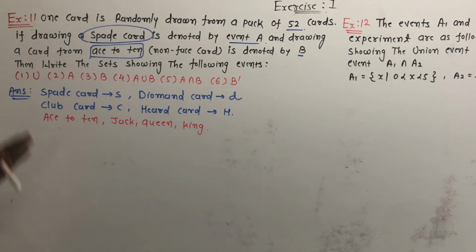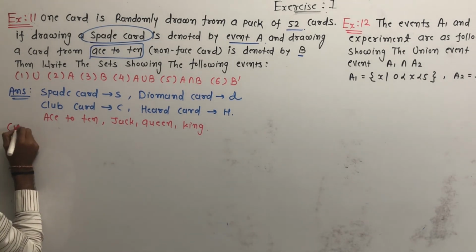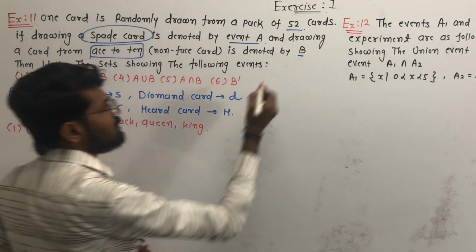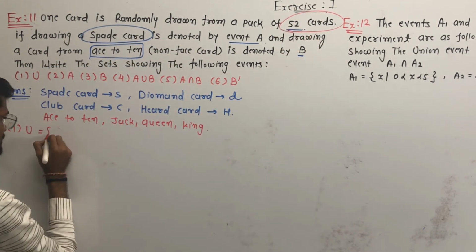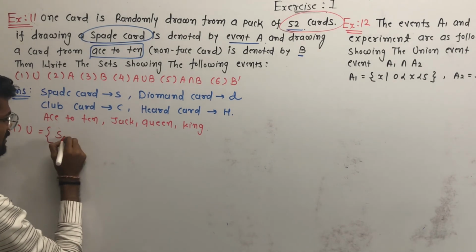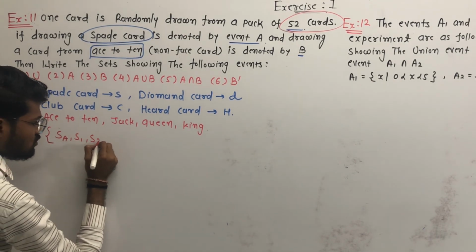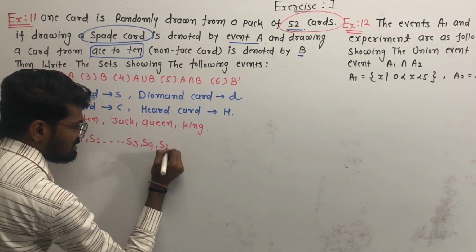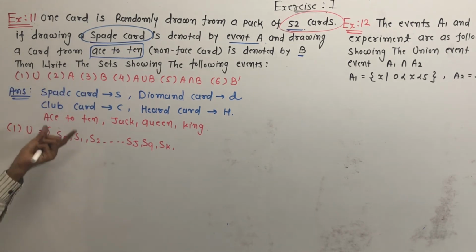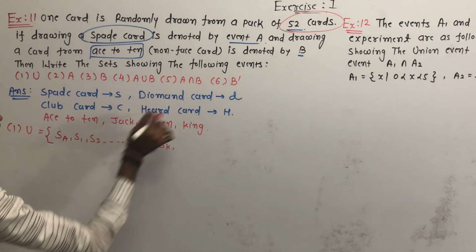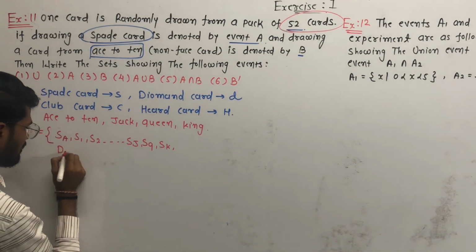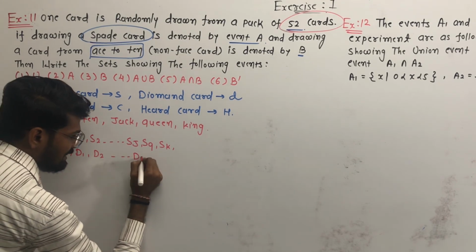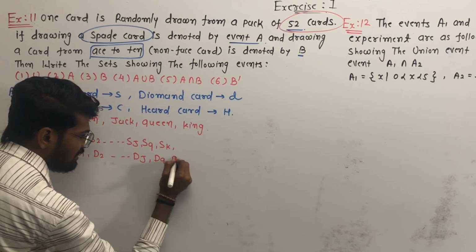Clear? Okay, first of all we write the sample space. What is the element of the sample space? The elements of the sample space are the 52 cards. From the spade cards: SA, S2, dot dot dot, SJ, SQ and SK. Like this for the diamond cards: DA, D2, dot dot dot, DJ, DQ and DK.